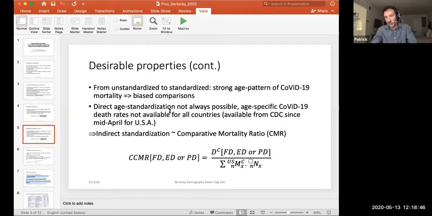The second thing that is obvious to any demographer is that we need to standardize this measure. We know there's a strong age pattern of COVID-19 mortality, so we need to adjust for this. Unfortunately, direct age standardization.